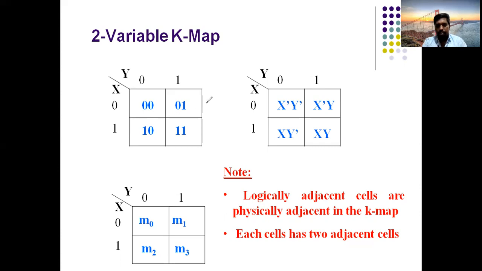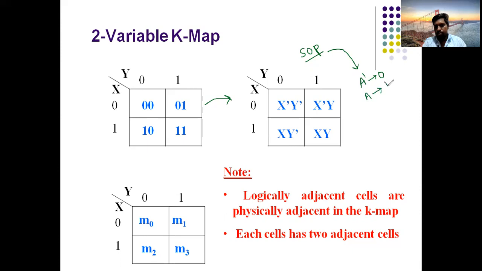After writing this, you can represent the same diagram either in SOP or POS. Suppose I am taking SOP as my consideration. What are the assumptions we are going to take in SOP? Any literal with a bar is taken as 0. If the literal is not in complementary form, that is, it is in true form, then it should be taken as 1.